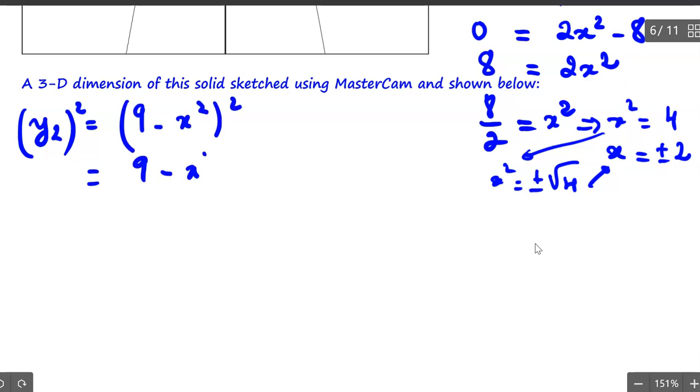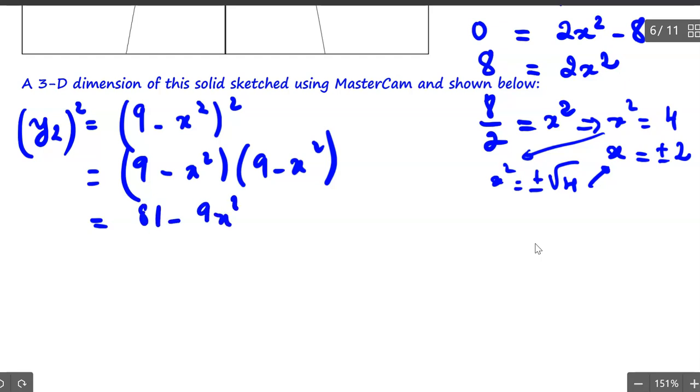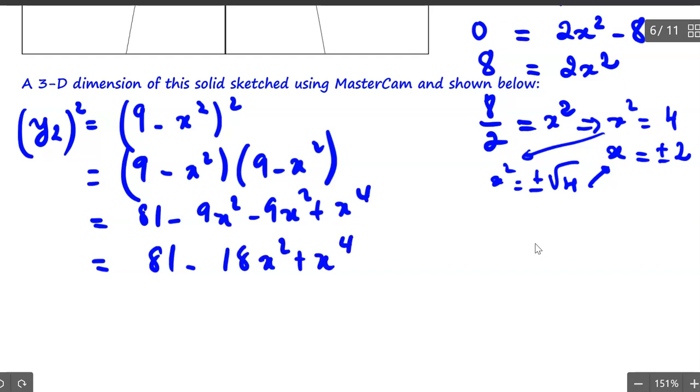So 9 minus x squared times 9 minus x squared. Here I should have 81 subtract 9x squared subtract 9x squared plus x to the exponent 4. Therefore, I have 81 subtract 18x squared plus x to the exponent 4.